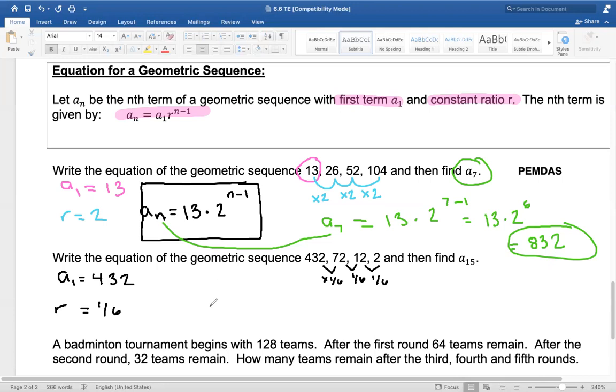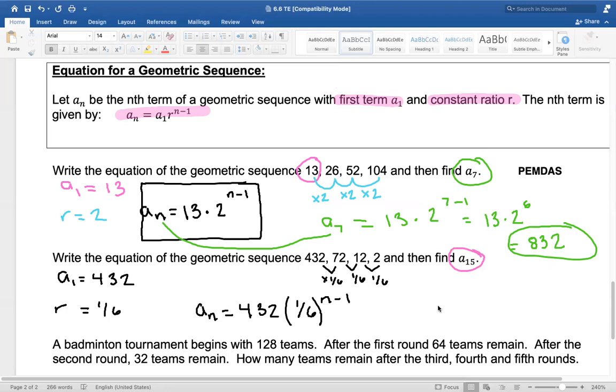Okay, and so when you write this out, you have A sub n equals 432, that's A1, times 1/6 to the n minus 1 power. And the second question here, find A15.